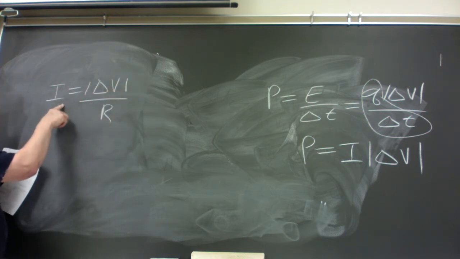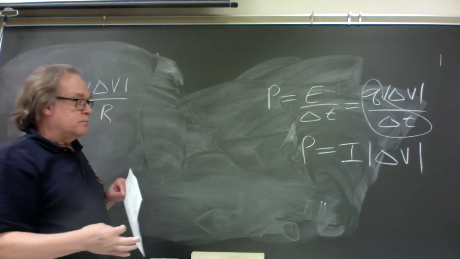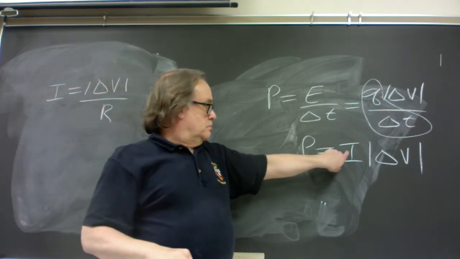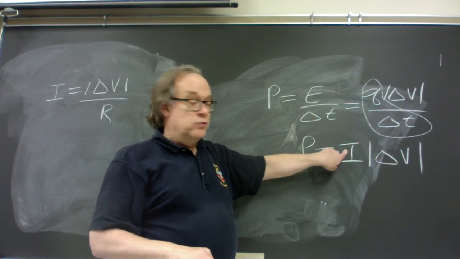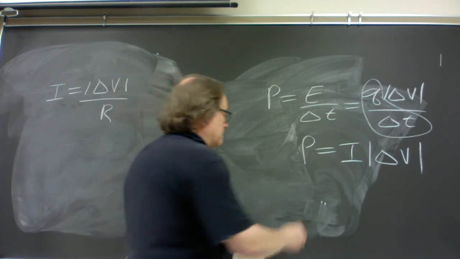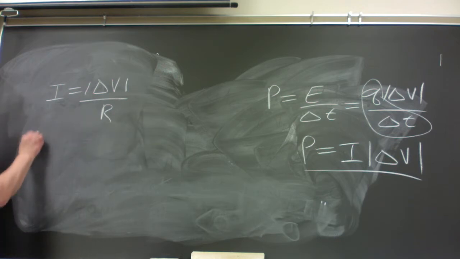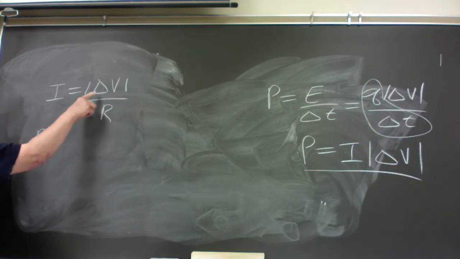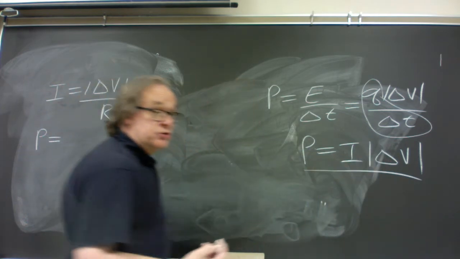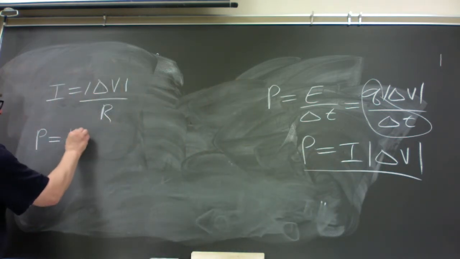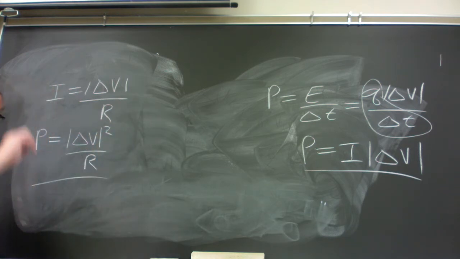If we take this way of writing current, potential difference over resistance, and put that expression here, then we have a second way of writing power. Power is also potential difference over R times potential difference, or potential difference squared over R. And there's a second equation.